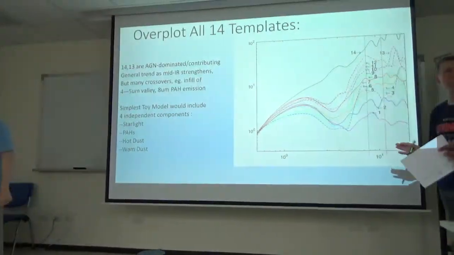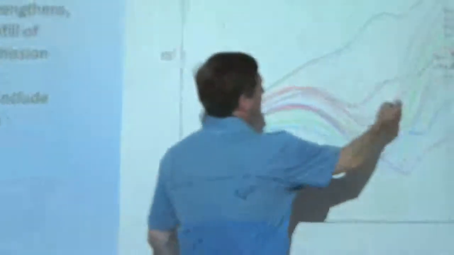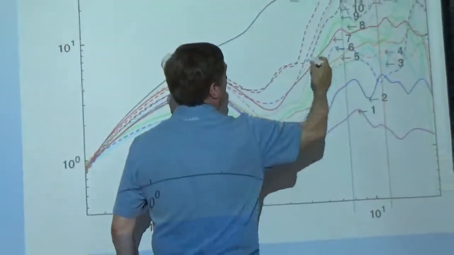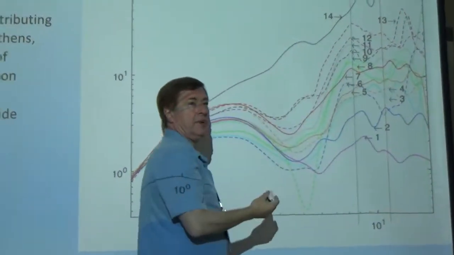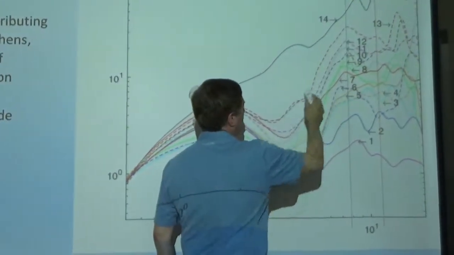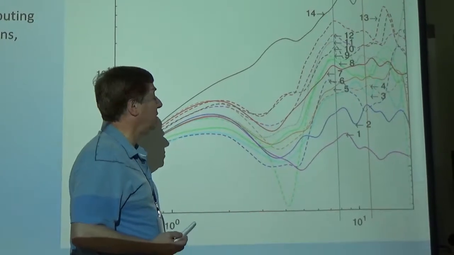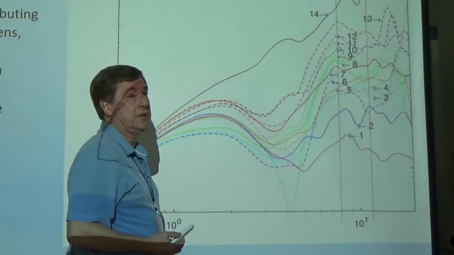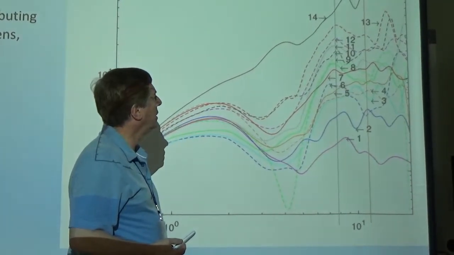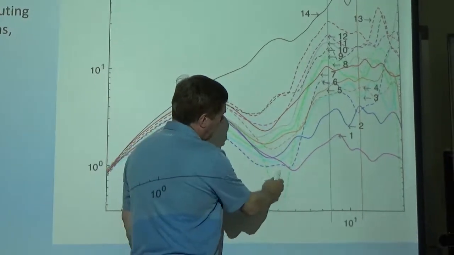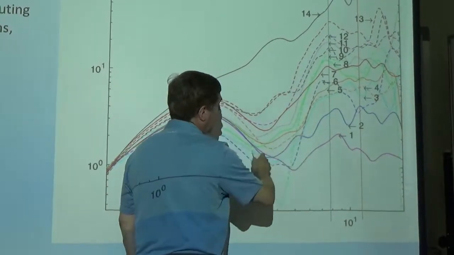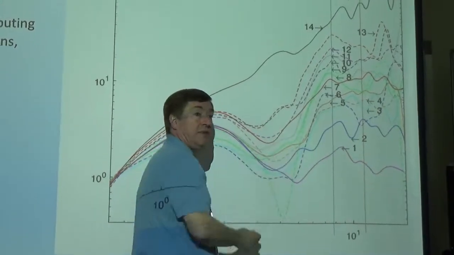Any other question? Yes. Could you be more specific about the difference between hot dust and warm dust? Okay, so the hot dust is producing the emission on the short wavelength side of PAHs. How deep this valley is, or how fast it comes up. So I guess it's dust which is capable of emitting at 5 or 6 microns. Some of these are very, very deep, though this is probably an artifact of the spline, and others seem to be filled in.